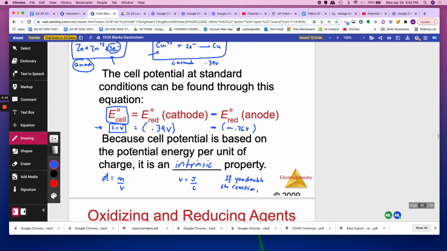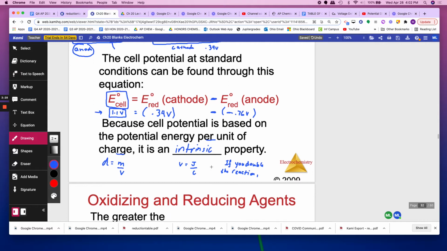Okay, one thing about this voltage, the cell potential is based on the potential energy per unit charge, which means it's a ratio. Therefore, it is an intrinsic property. So what does that mean? So you understand density, right? Density is the mass per unit volume. If you double the mass, let's say the density is 1 gram per 1 milliliter.